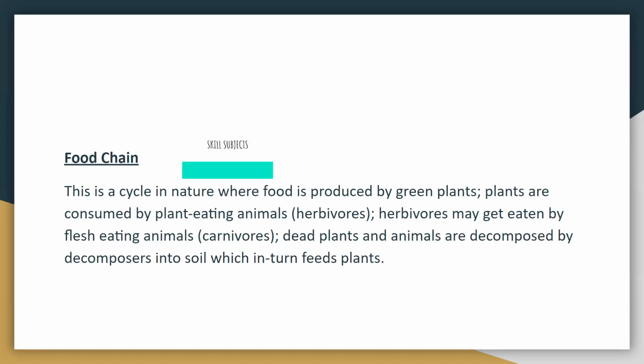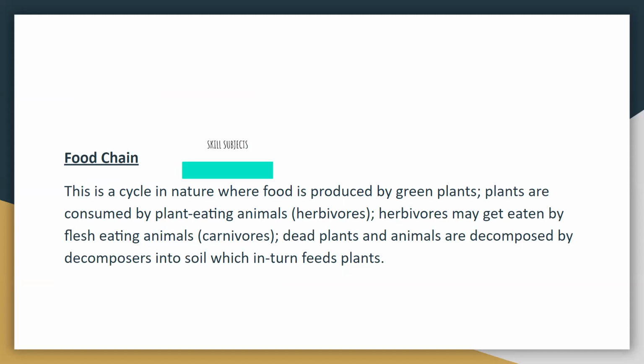Then is food chain. What is the food chain? Again, a term that you must have come across a number of times. So it is a chain, a cycle of nature that takes care that the green plants are eaten by herbivores, that is the plant-eating animals. Then these animals are eaten up by the flesh-eating animals, that are the carnivores.